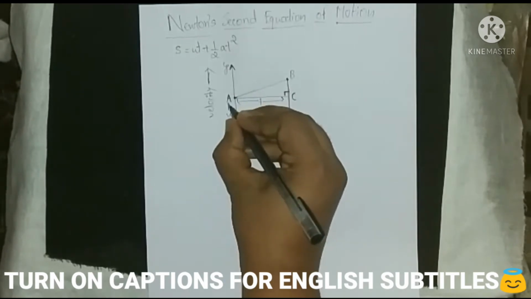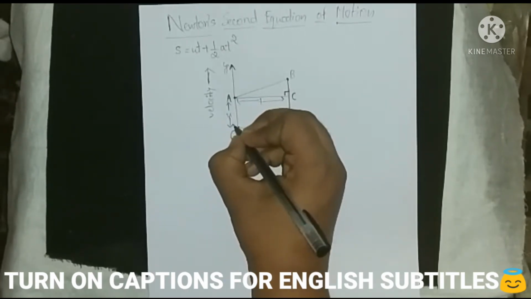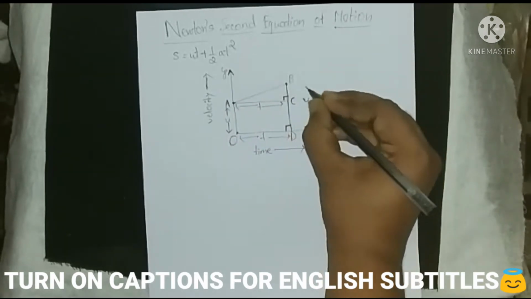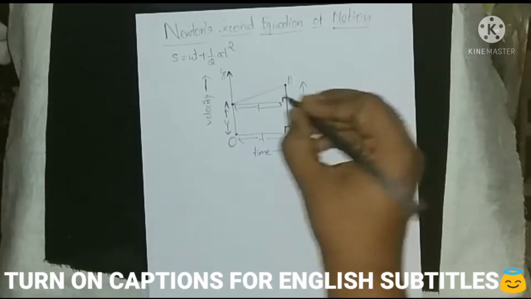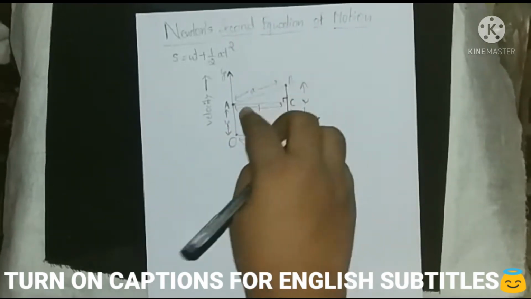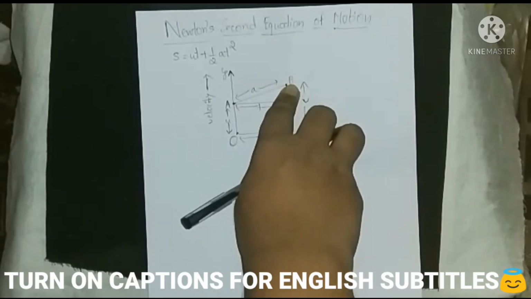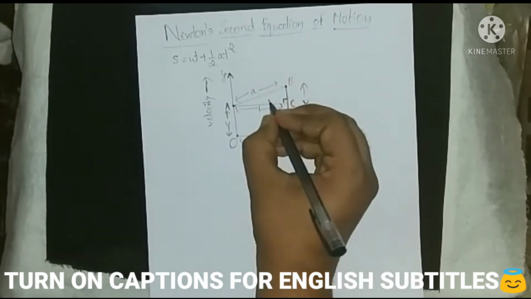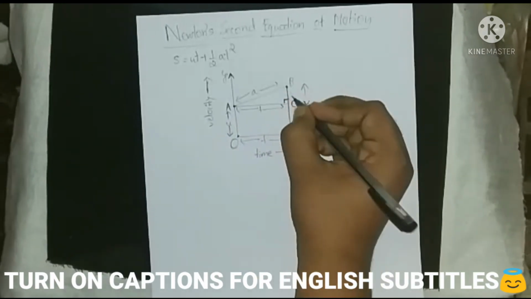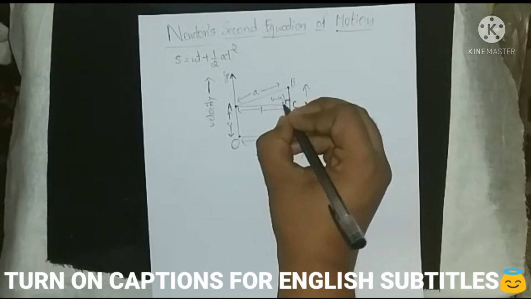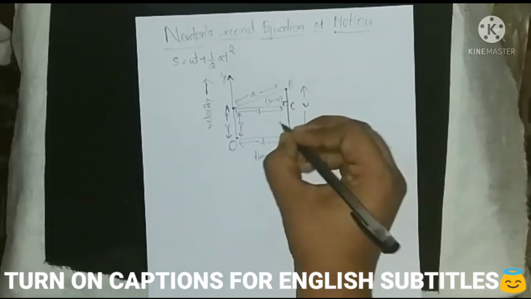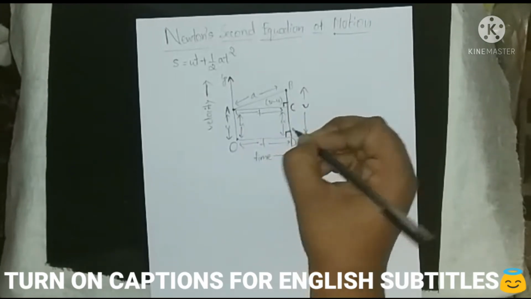OA is equal to initial velocity because it is the starting velocity, and BD is equal to final velocity. AB is the acceleration. If you don't know that AB is the acceleration, then you can check the first video. And here BC is equal to V minus U. This is also U.